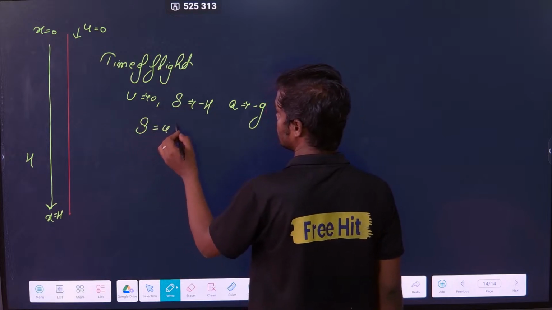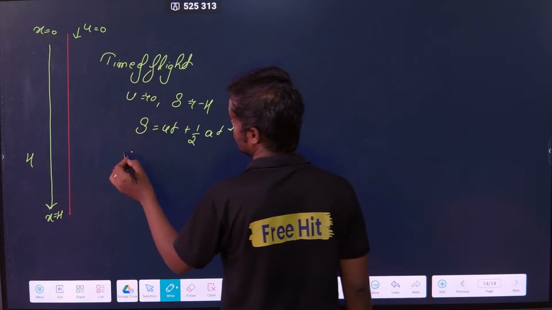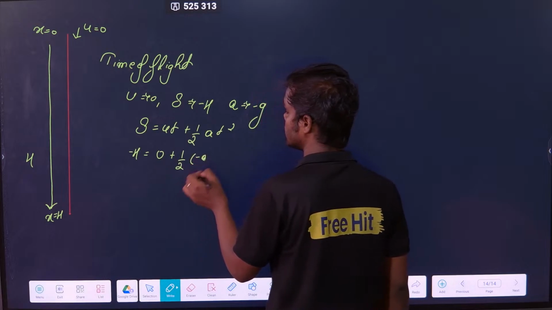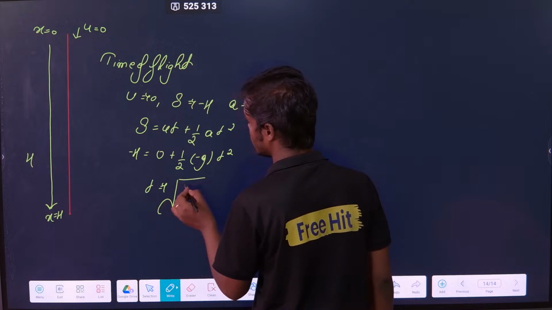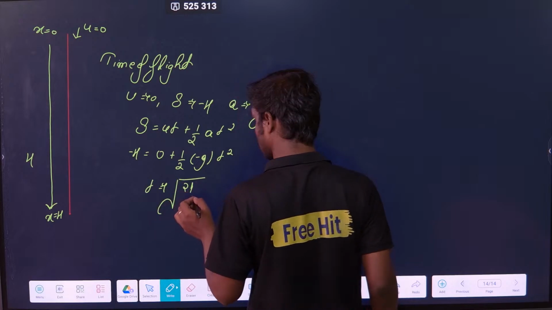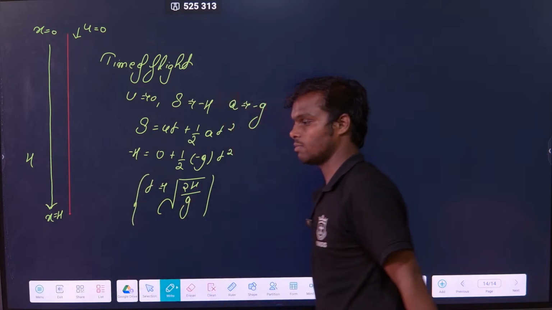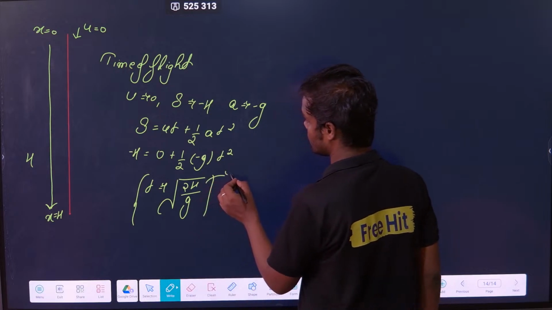S is equal to ut plus half at square, correct? S is minus h, u is 0, a is minus g, so minus h equals half into minus g into t square. From here you get the time of flight is root over of 2h by g. You can see the time of flight does not depend upon the mass of the object. It doesn't matter what the mass is, it will always be the same.